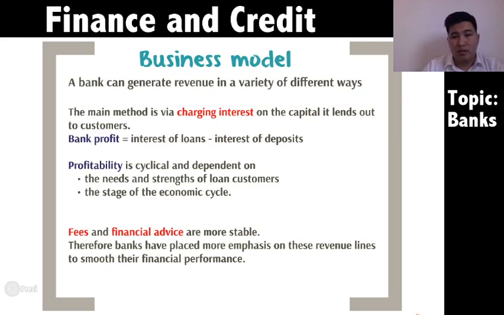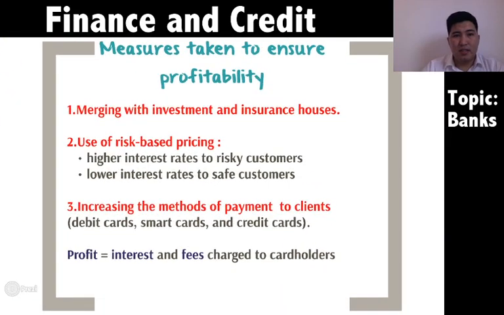Next, measures taken to ensure profitability. Nowadays banks have to take some measures to make sure their profit is stable. The first one is merging with investment and insurance houses. Banks merge with investment companies and insurance companies, and by doing this the clients of the banks become safer.